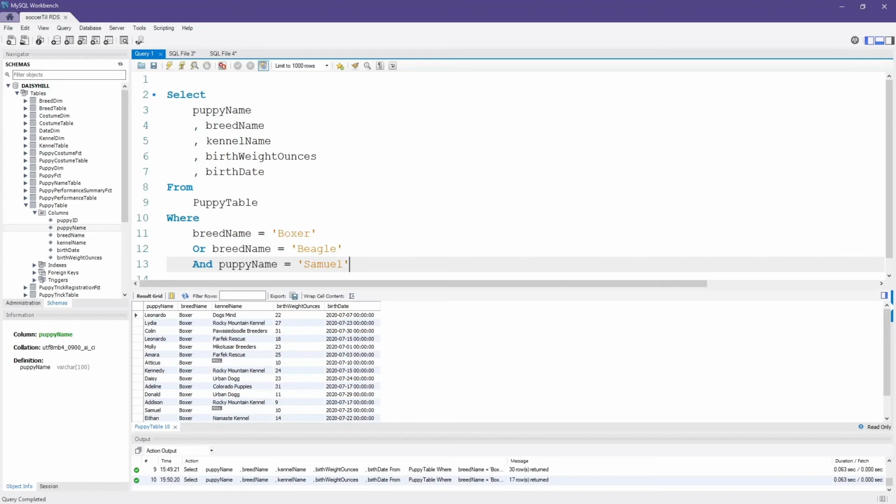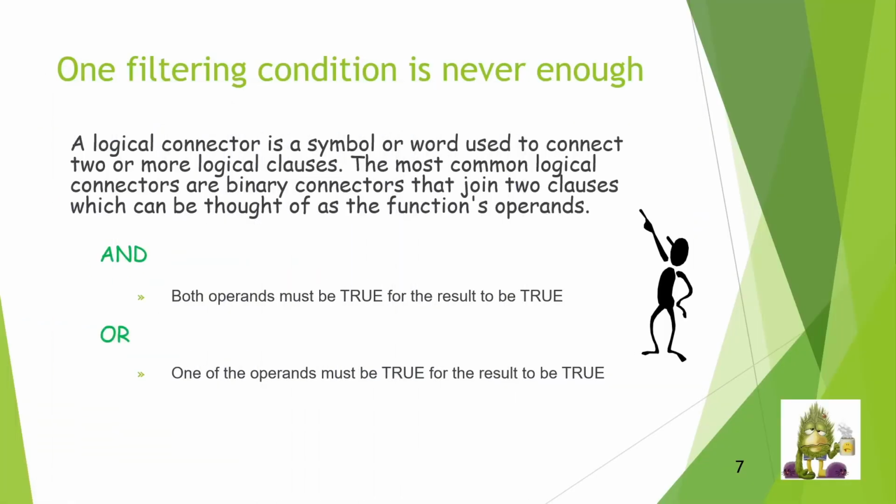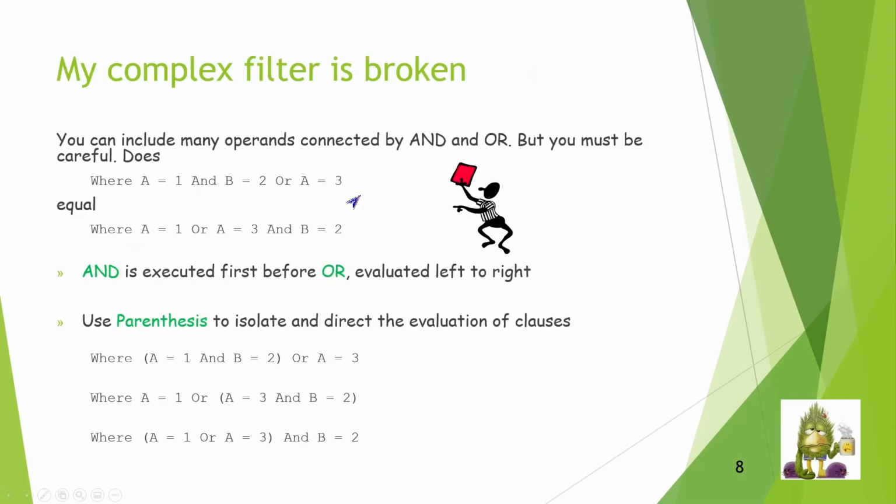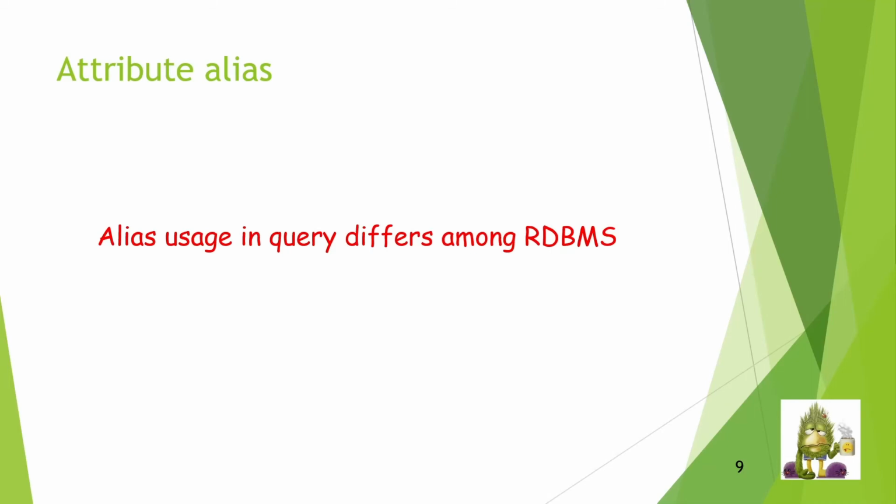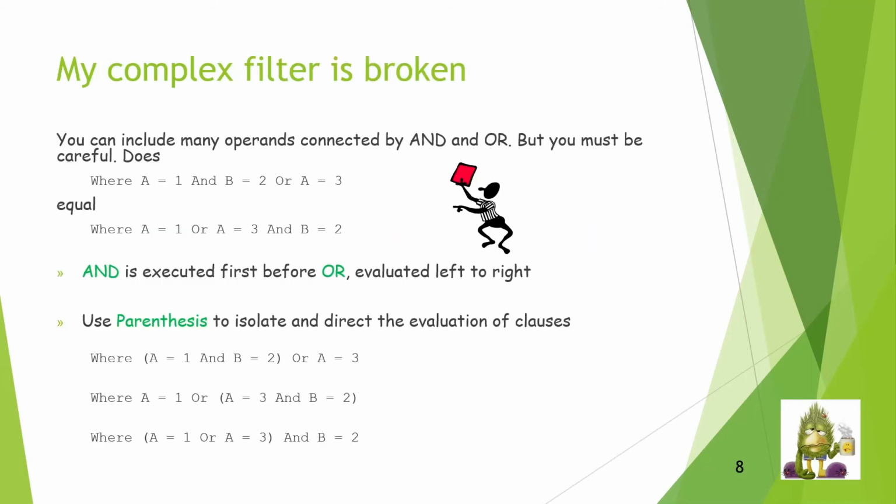The reason why that happens is you have to know what order more than two predicates inside of the where clause are executed. And while it's nice to be able to remember this rule and then process this rule, you must note that the rule says that the ands are executed first before ors, evaluating them from left to right.